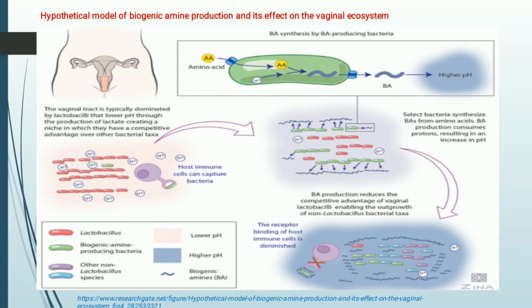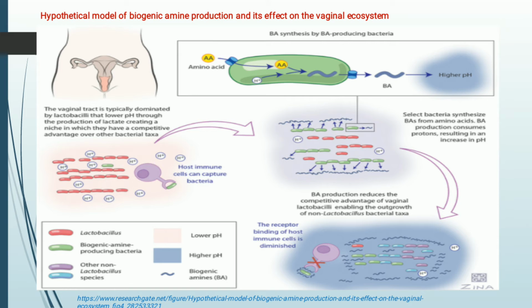This biogenic amine is basically rich in amino groups. If the acidic concentration increases, that means the H positive concentration increases, or we can say the carboxylic acid concentration increases. I am considering that you all know about amino acid peptide composition, and the structure of an amino acid, which has a hydroxyl group, an amino group, a carboxyl group, and one side chain.